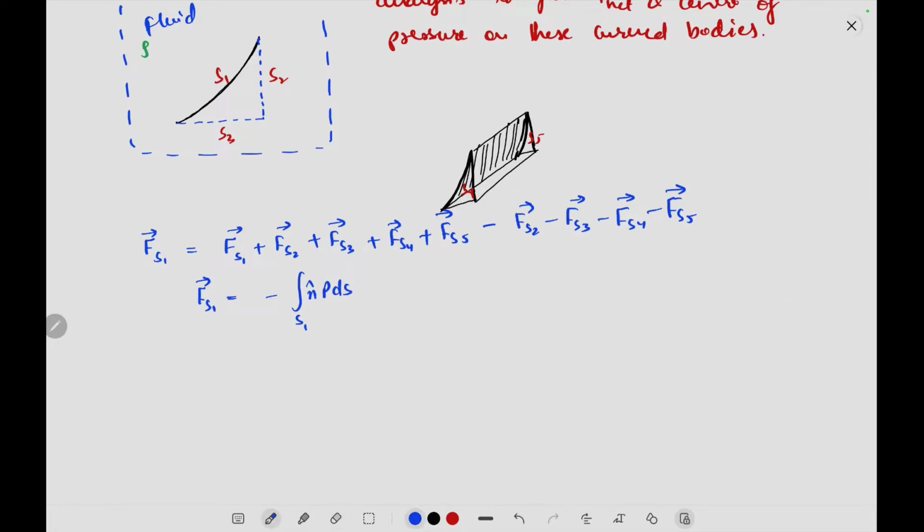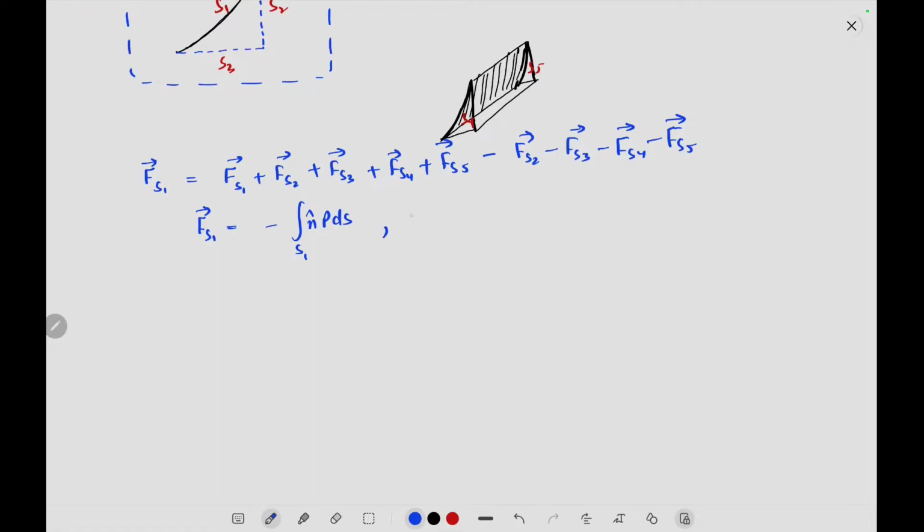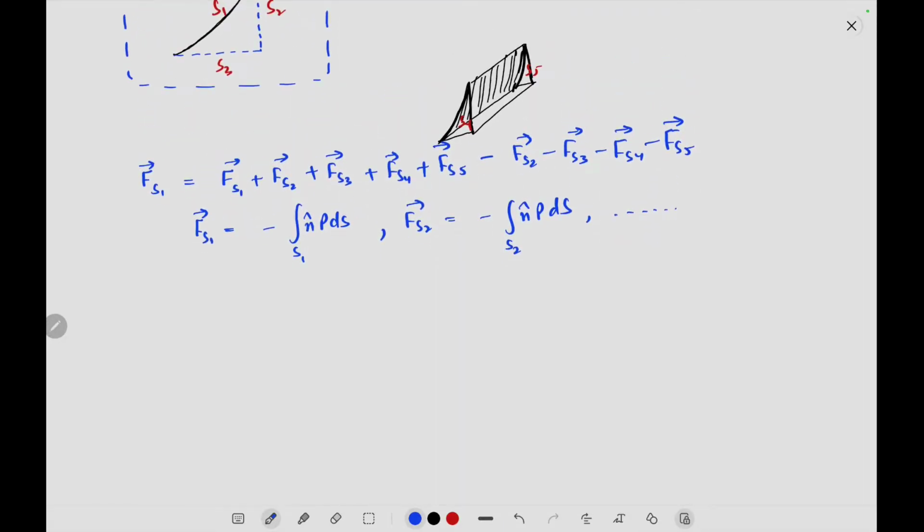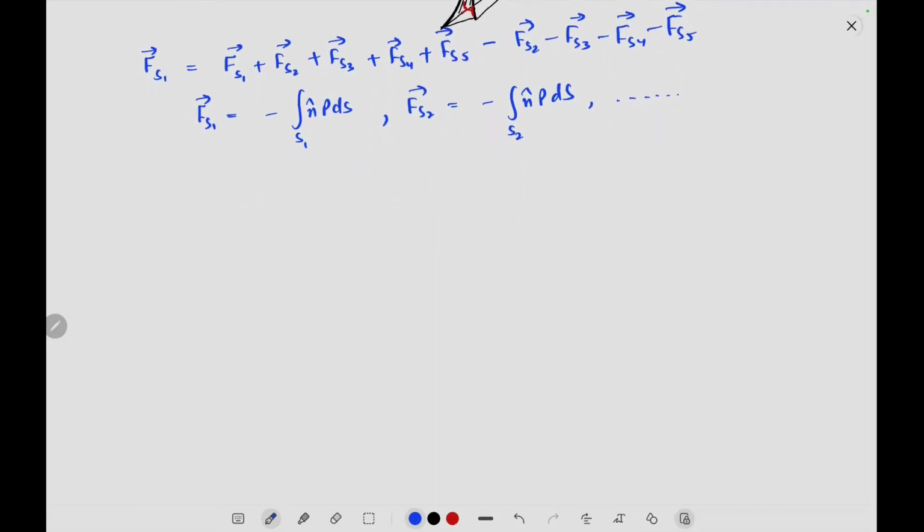Okay. So Fs1 would be this one. Similarly, Fs2 would be minus S2 n hat PDS, and similarly Fs3, Fs4, Fs5. All right.